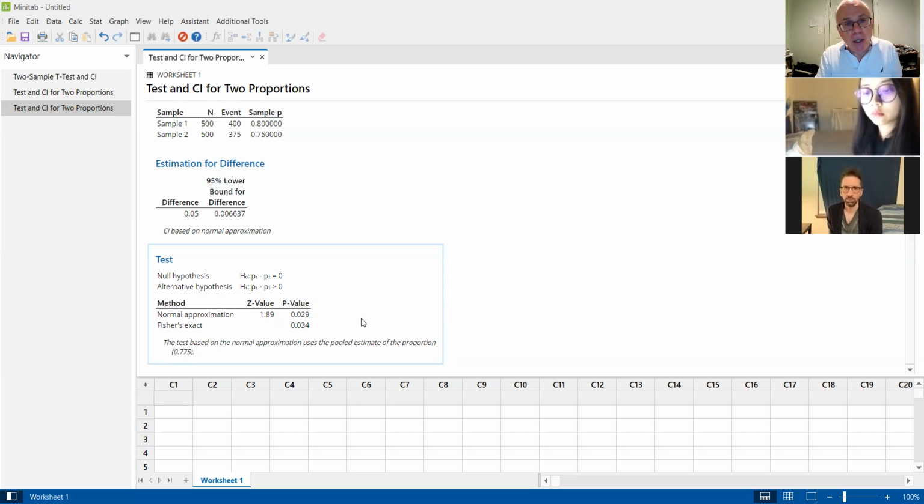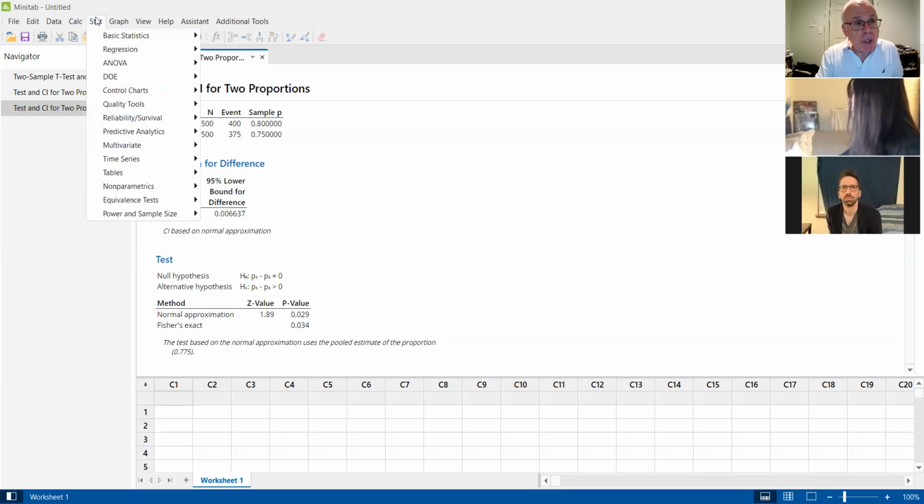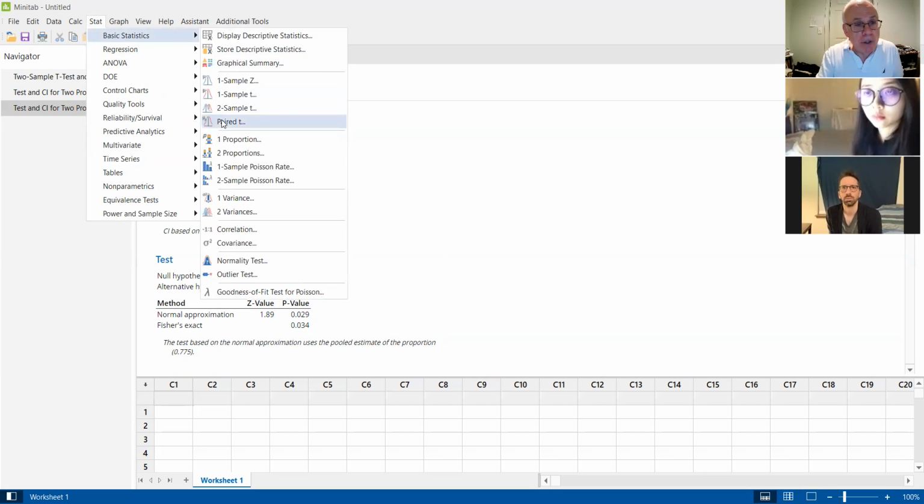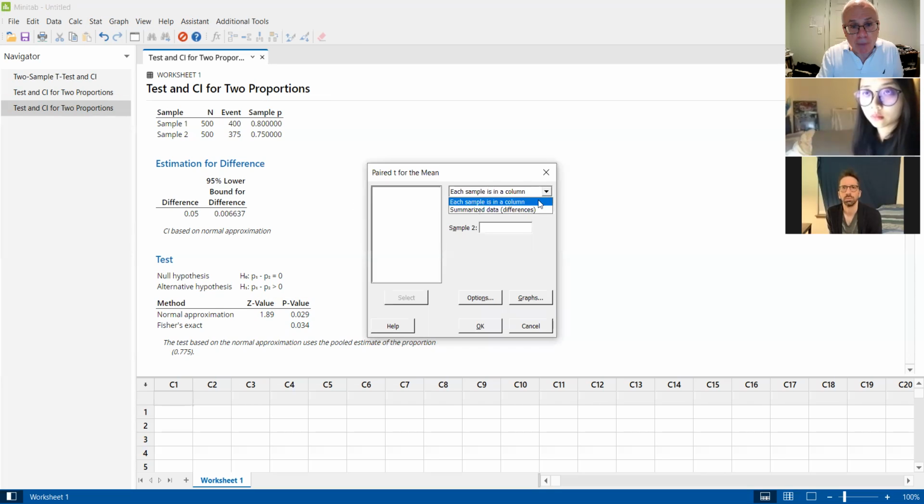And when we do a z for difference in proportions, there are no degrees of freedom for proportions. It's a z-test. For the paired test, it looks strictly like a regular t-test. All right.